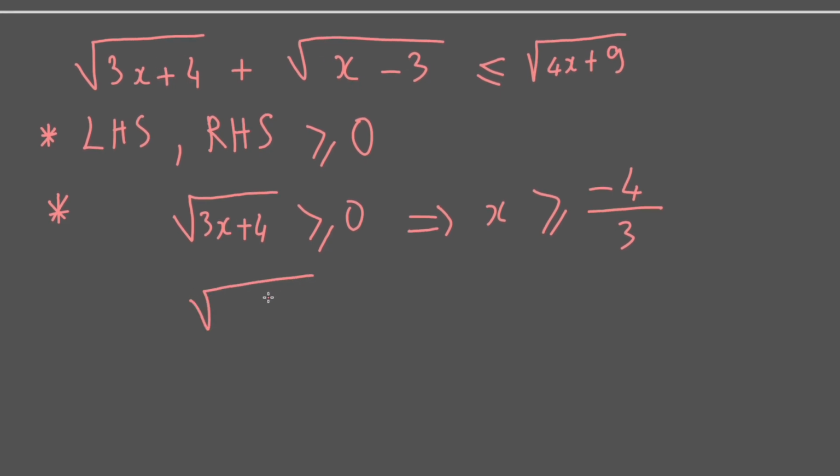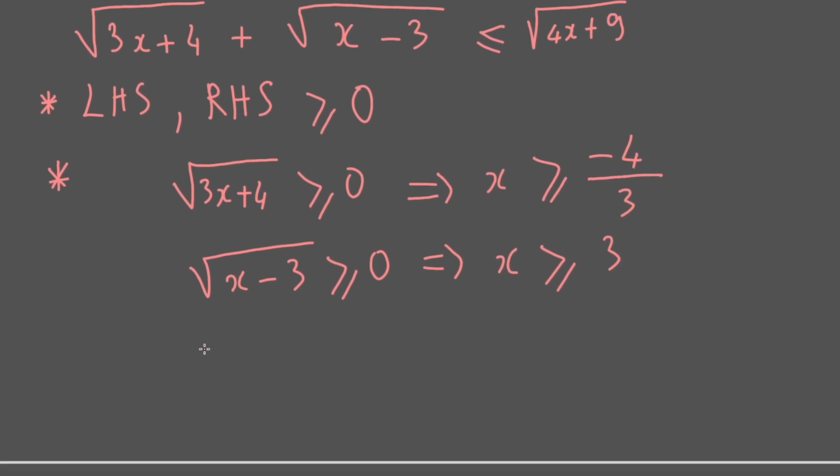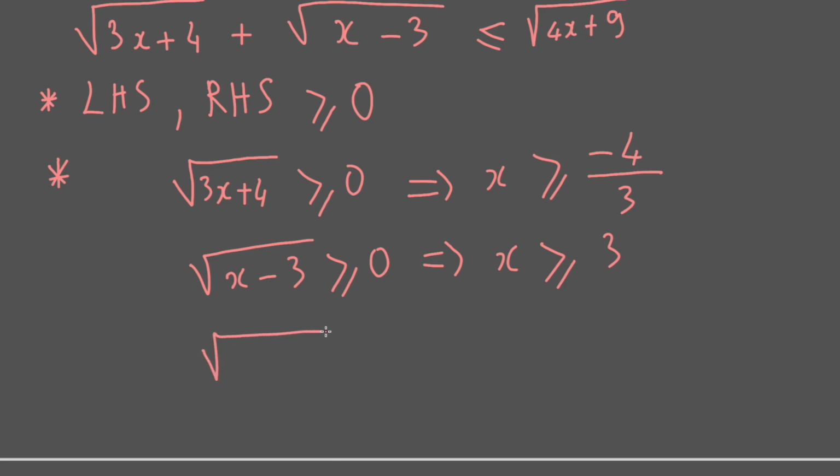For the next radical, we have x minus 3, then x has to be greater or equal than 3. And the last one, we have 4x plus 9 greater or equal than 0, then x has to be greater than negative 9 over 4.